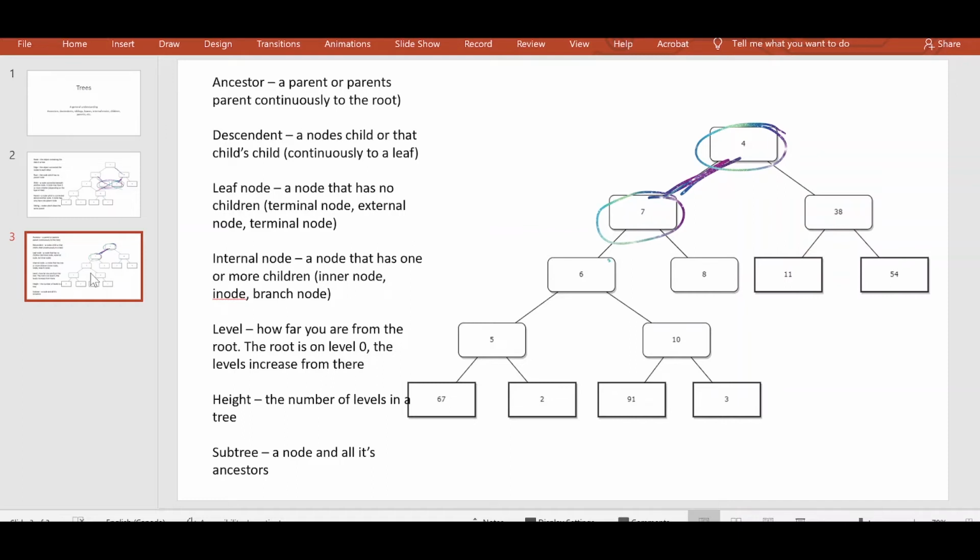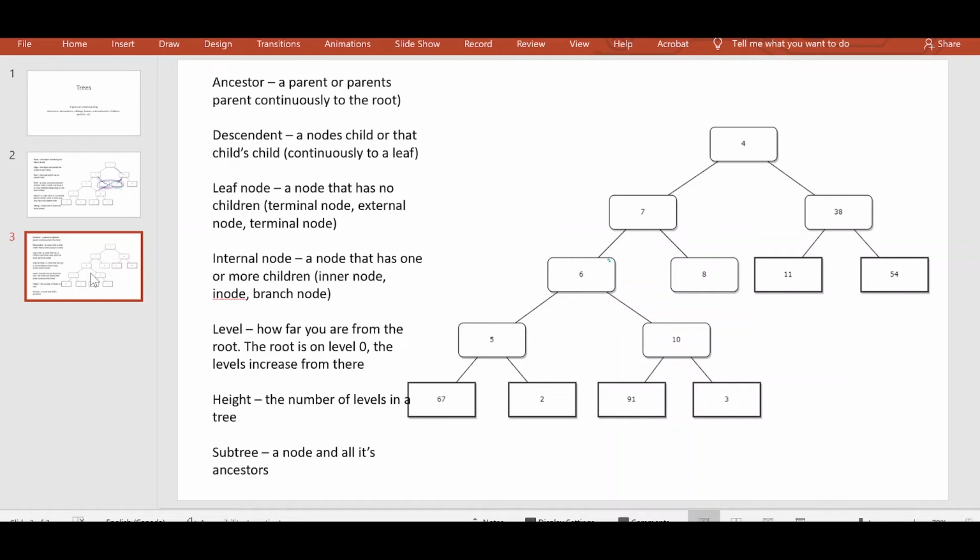But 4 is also the ancestor of 6 because it's its parent's parent. And it's also the ancestor of 5 because it's its parent's parent's parent. So anything that is rooted below 4, 4 is an ancestor. If we look here, anything in this tree is a descendant of 4. These two nodes right here, they're descendants of 38. They're children of 38, which also makes them descendants of 38.